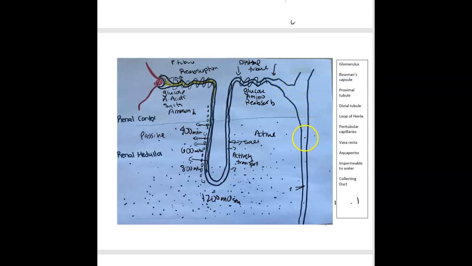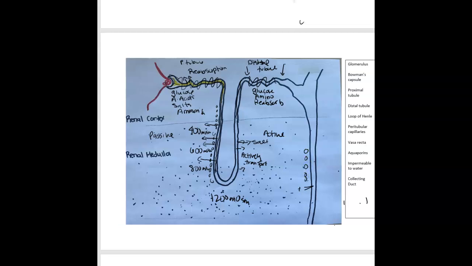And so once it's in the collecting duct, you would think that our job here is done. However, there are aquaporins here, lots of aquaporins here. This is going to allow for water to be absorbed at different rates.